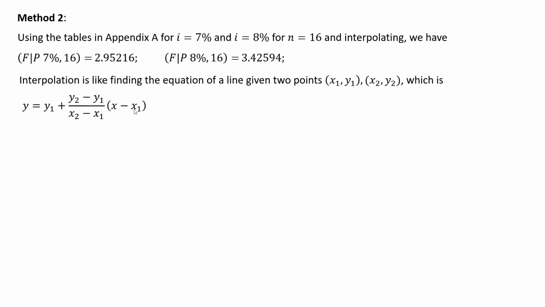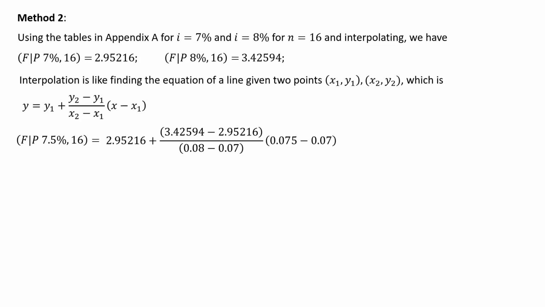And that way we can find out the y. That is, we can find out F given P, 7.5%, 16. That's the whole thing I'm trying to say. As simple as that. If you need to pause and go over, please do so. The concept behind that is precisely this.